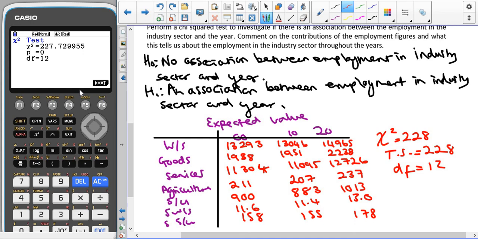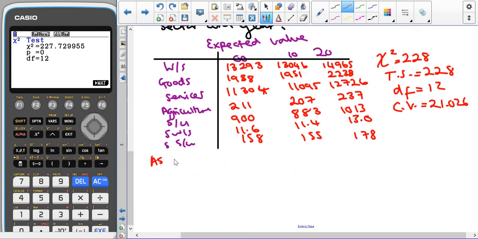So again, it doesn't tell us what significance level to use, so we're going to use 5%. So we're looking down from 0.95 and across from 12, which gives us 21.026. Yeah, so then again, our test statistic is bigger than the critical value, we're going to reject H0 at a 5% significance level.